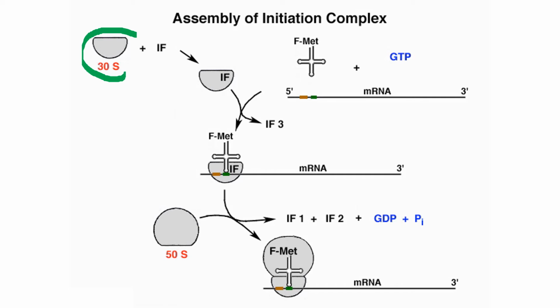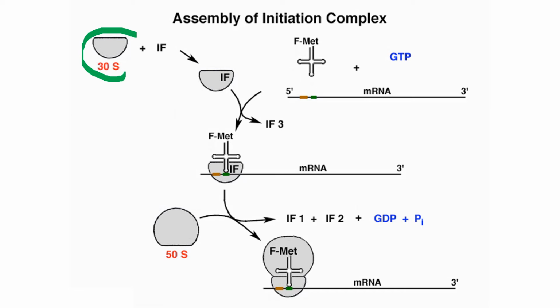And in prokaryotes, mRNA, the f-Met tRNA, GTP, and a 30S ribosomal subunit all come together with the assistance of 3 initiation factors. We have initiation factor 1, 2, and 3. And this does form that 30S initiation complex.